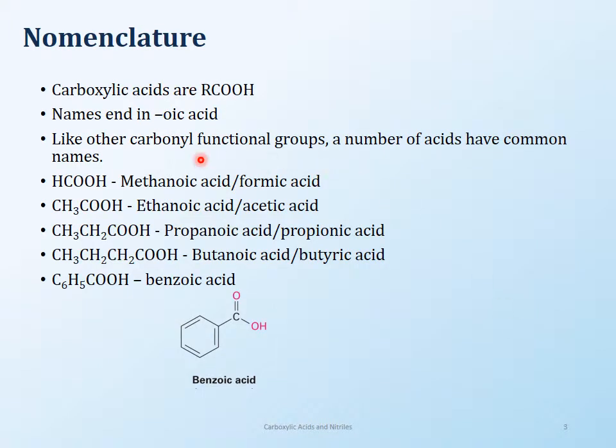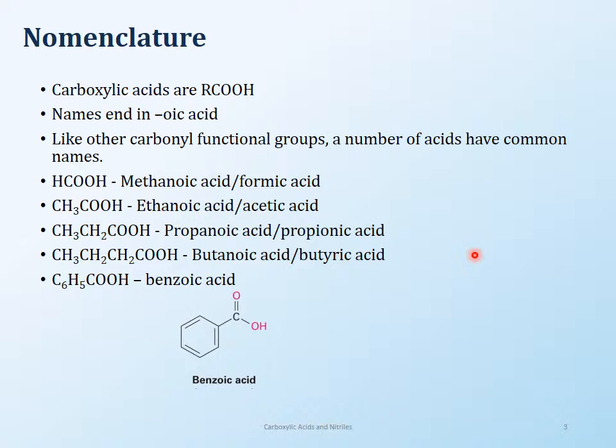Let's talk about the nomenclature then. For the most part, the names will end in oic acid. So it's kind of easy to know that you're talking about carboxylic acid because everything is ending in acid. One of the things about carboxylic acid is that they are the highest priority group, and that's something that we'll have to remember as we go on with the nomenclature.